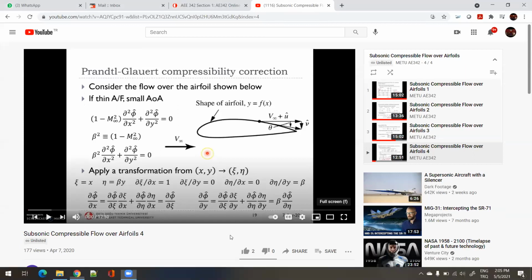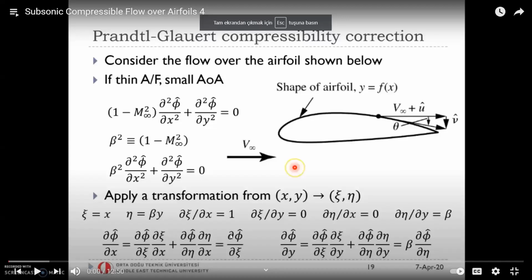Yes. So, basically what we are trying to do is this. We have the linearized potential equation, yes? You see it here. This equation is not the Laplace equation, right? And we know that for the incompressible flow case, the potential field is governed by Laplace's equation.